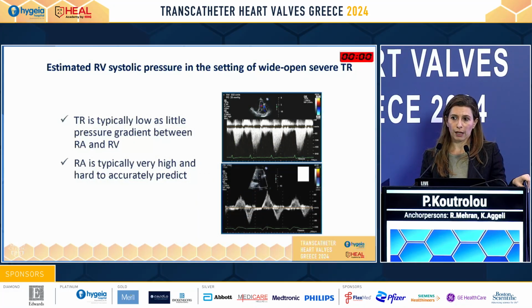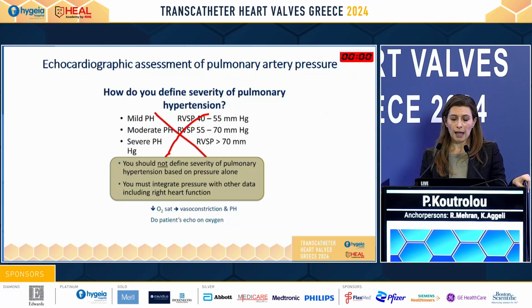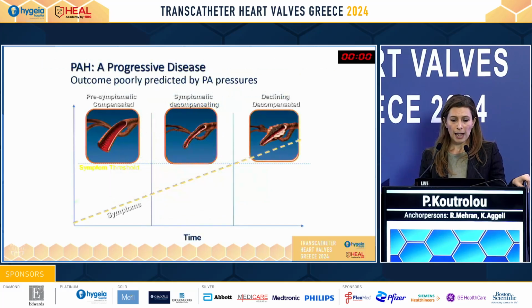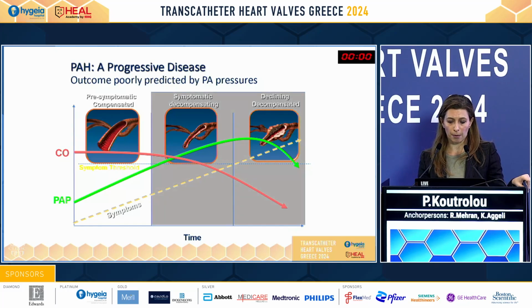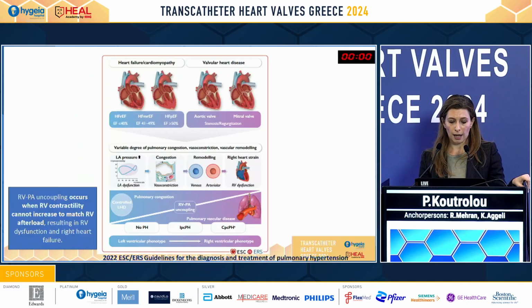It's a very tricky thing to measure the pulmonary pressure in patients with severe TR, and we don't need to use numbers anymore. This is because we know that when the RV fails, then the pulmonary pressure is going to fail. So in a failing right ventricle, we cannot use the pulmonary pressure via echo to say what the pressure is in that patient.